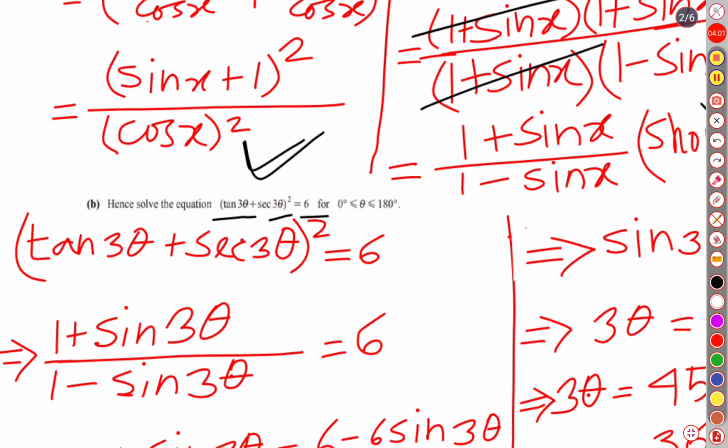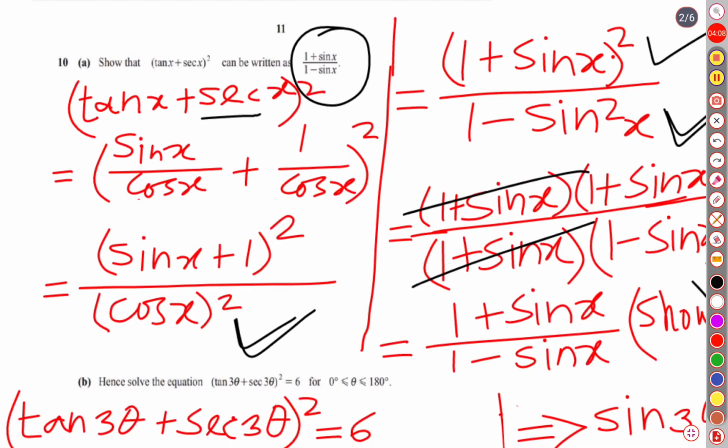If we go back to our question, it was (tan x plus sec x) whole square, the original function of tan and sec. Instead of x, they have given us 3 theta. So what is the change we are going to make? Where there was x, we will just substitute 3 theta.